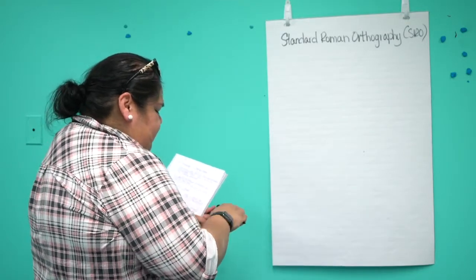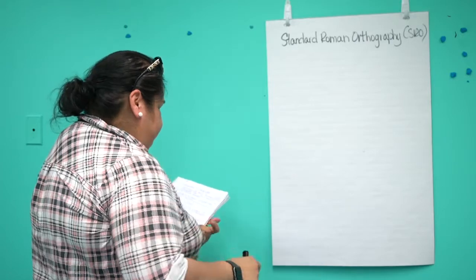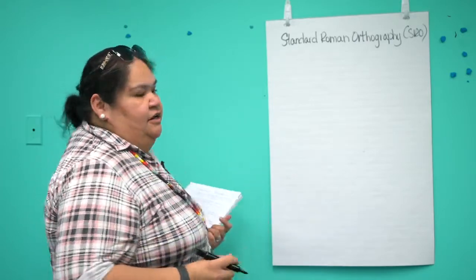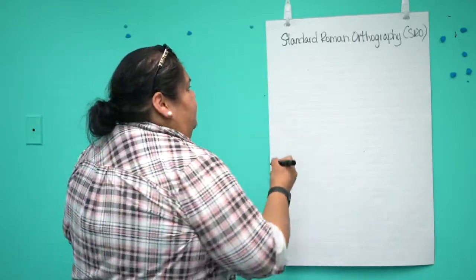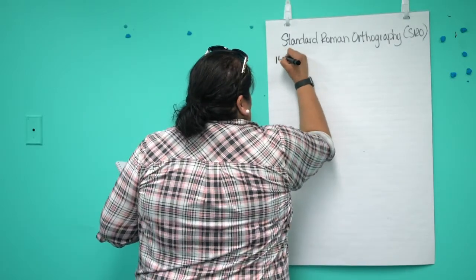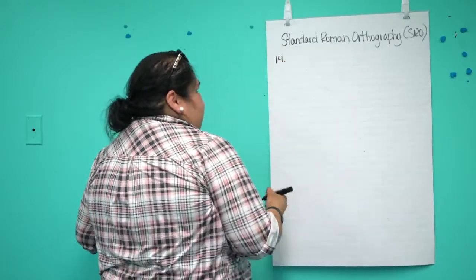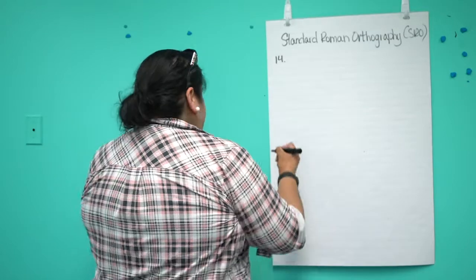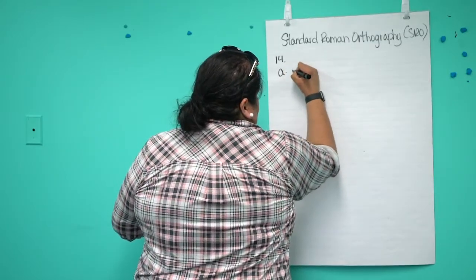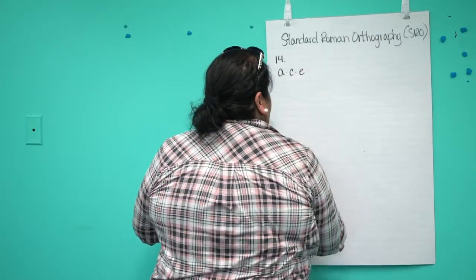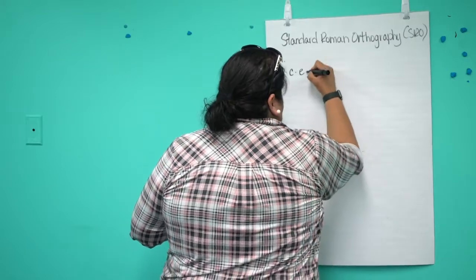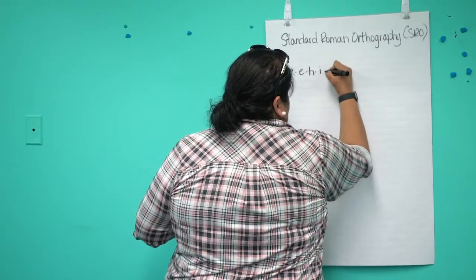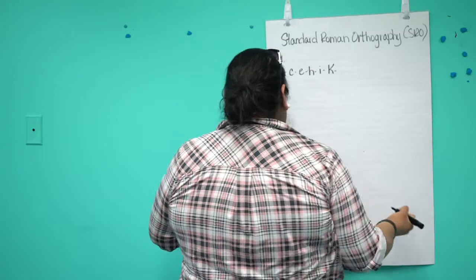So the spelling system that I'm using consists of 14 letters. So it's not like the English. It's still using Roman letters, but we only use 14 of them. If I don't look at it, I'll forget some of them.